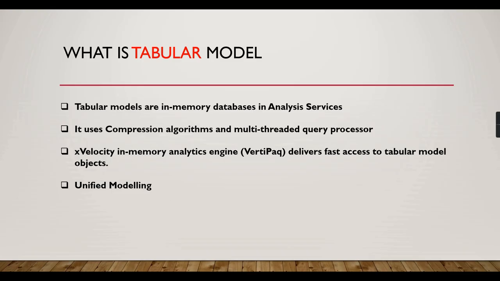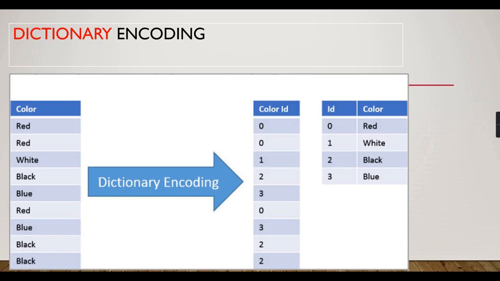So let us see how this tabular model is so fast, because it uses the xVelocity engine. But how does this data fit into RAM? Let's see with some examples. So it uses dictionary encoding. Basically, you have a column in your table which contains a color, right? So instead of storing red, what it will do is create an index for each distinct value.